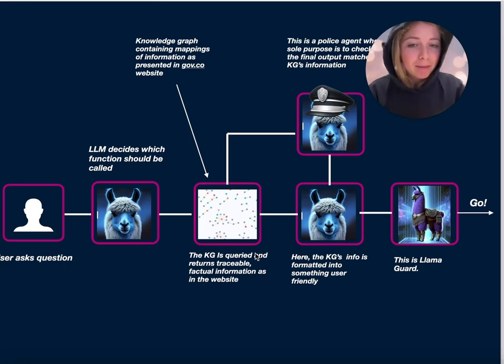And it will then spit that back out to the LLM, which has to format it into something that the user can read. But just in case the LLM were to sort of freestyle at that point, there is also a policing agent, all of these powered by Llama, to ensure that the LLM's final output matches the exact content given by the knowledge graph. And finally, we have Llama Guard in place because it's just what's appropriate for this type of use case.